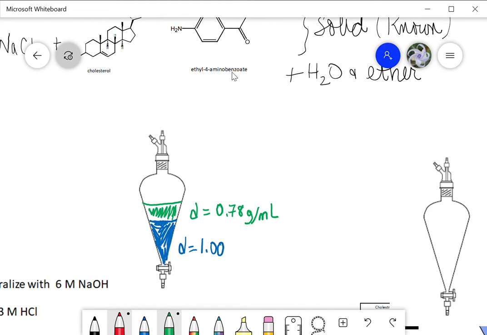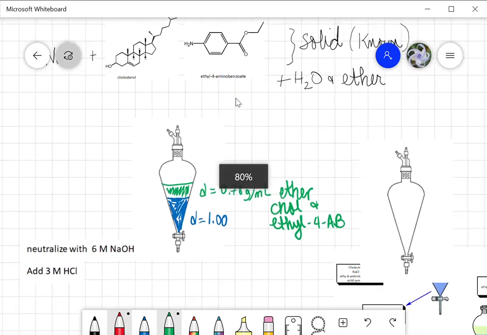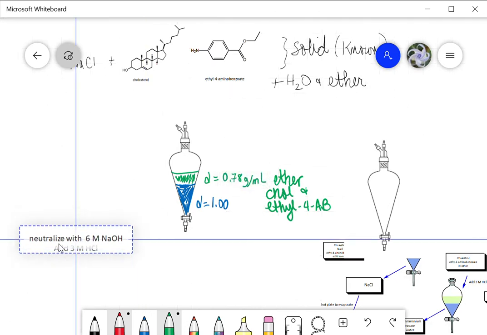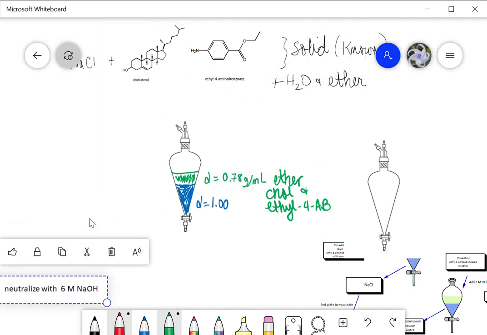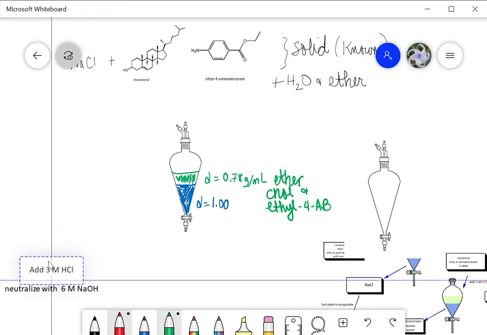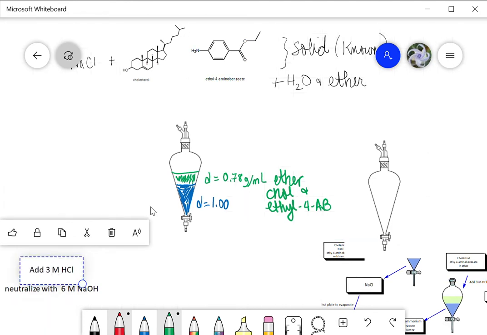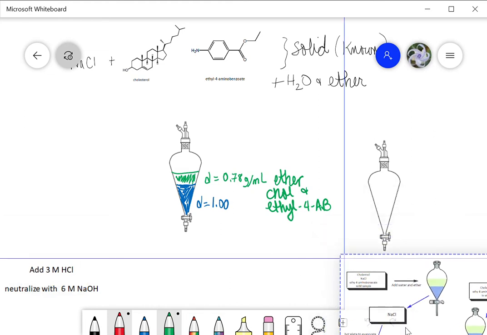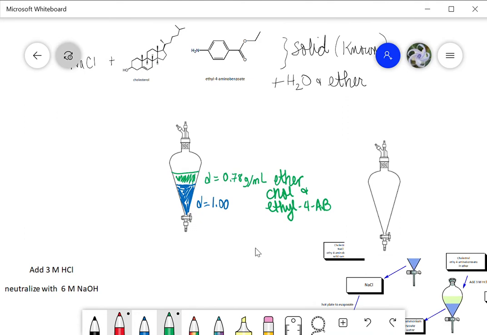So our ether layer is going to have both the cholesterol and the ethyl aminobenzoate. So we learned last week that we're going to use that SEP funnel to separate them. And so we'll be able to drain off the bottom. And when we drain off the bottom, that's going to be our sodium chloride.